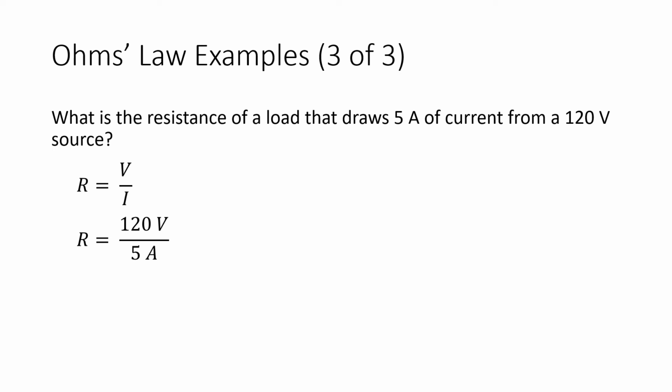R equals 120 volts divided by 5 amps, and solve for R equals 24 ohms. Again, we have to have the unit symbol, the Greek letter omega, for ohms for the answer to be correct.